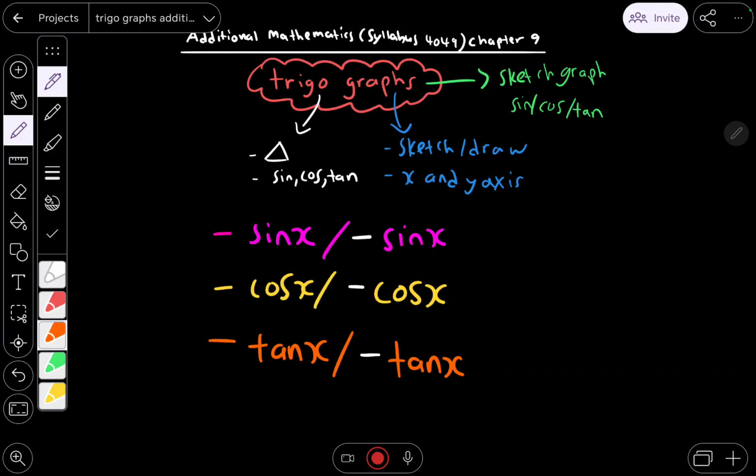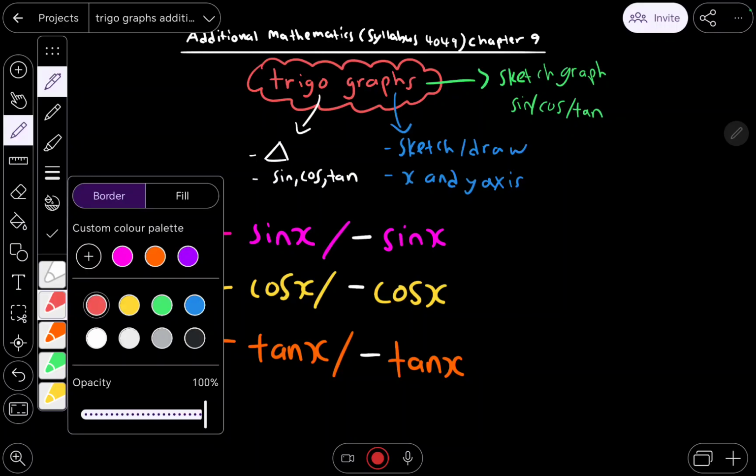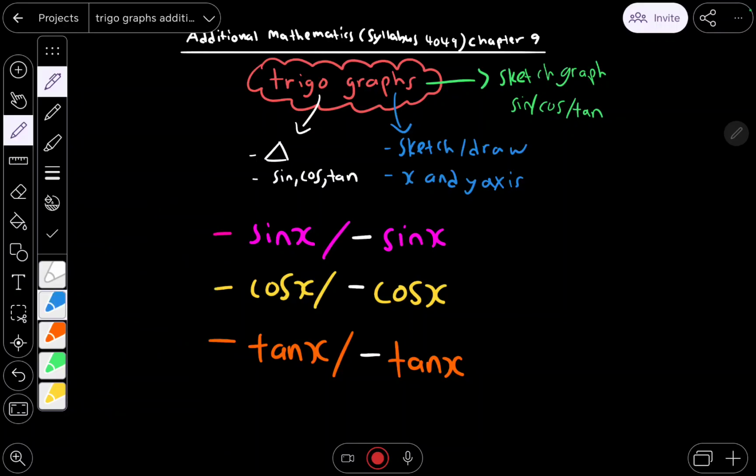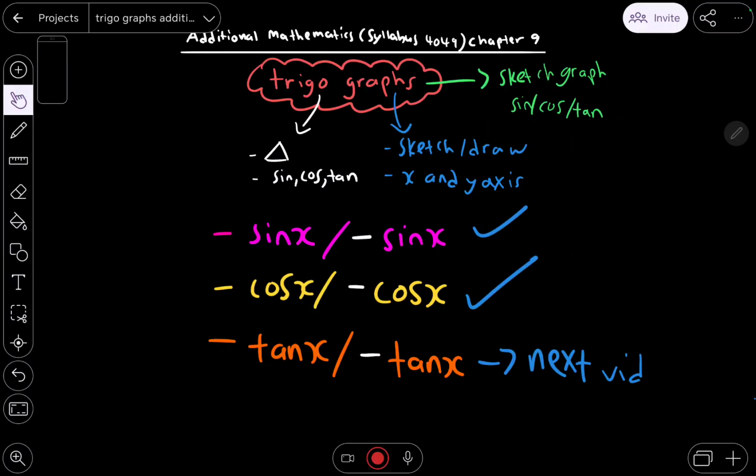In today's video, we will only be covering two trigo ratios, sine and cosine, so actually four graphs. For tangent, we will do in the next video. So we are only going to cover sine x and negative sine x, and cosine x and negative cosine x.